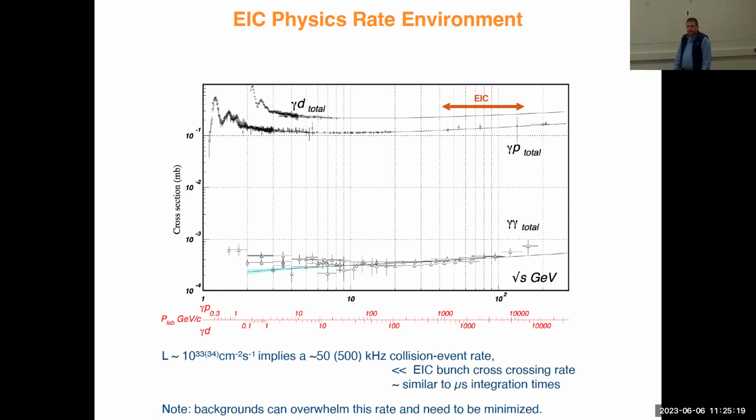That's not very large by modern standards. That is actually what current experiments reach in terms of their trigger rate, even. So that's in a way very exciting.